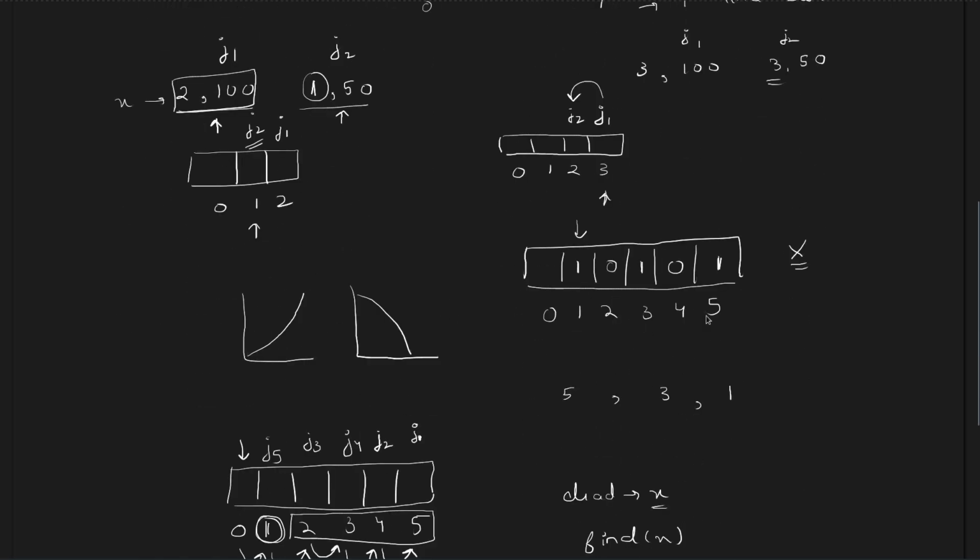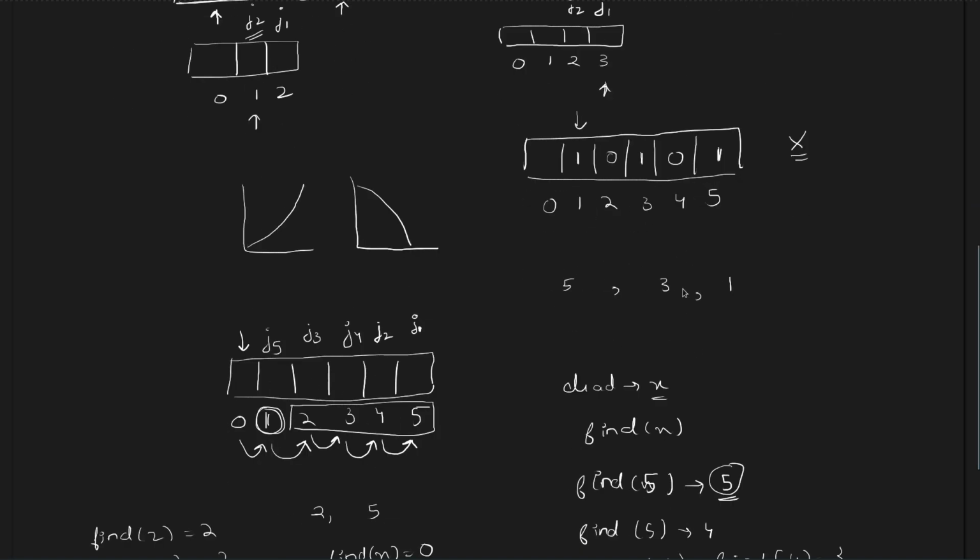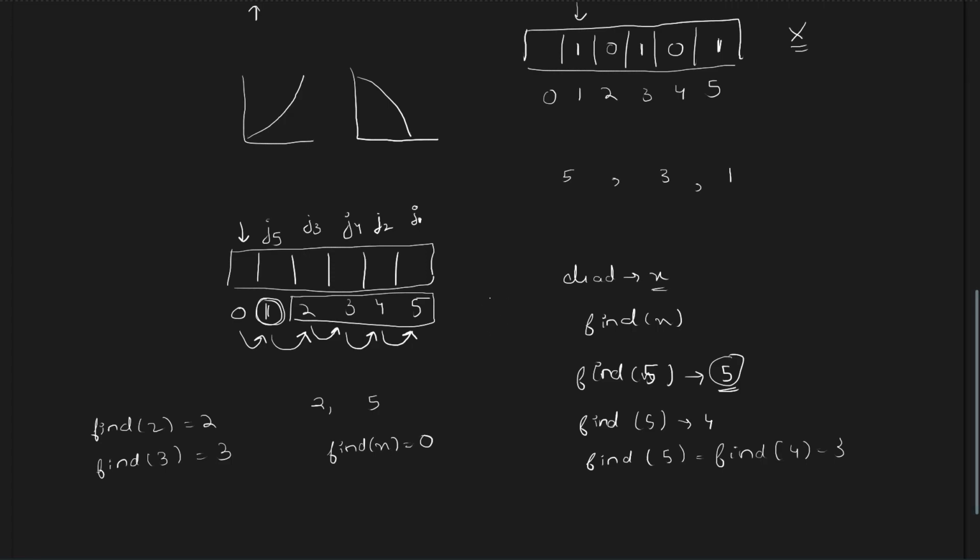Now we cannot apply binary search on this particular problem, because the values are not monotonically increasing or monotonically decreasing, right? They are in some random order. So the next approach that we discussed was using a disjoint set, where find of x will give me the greatest index where I can place it.